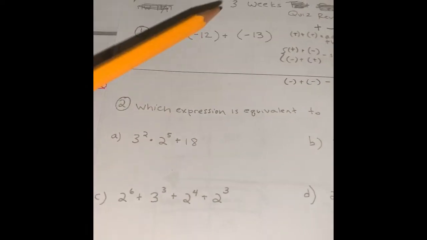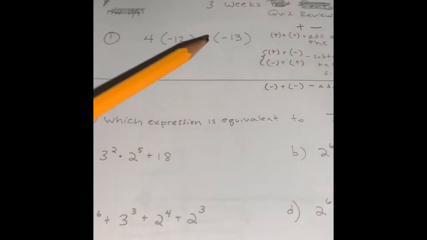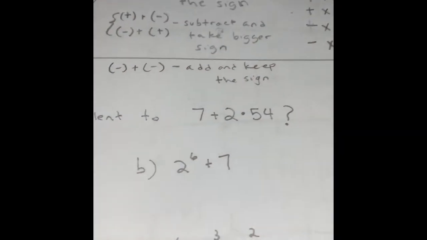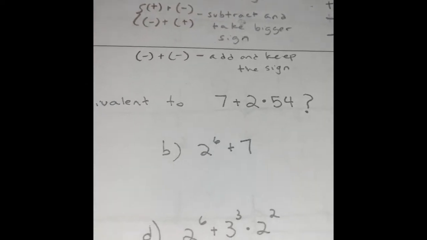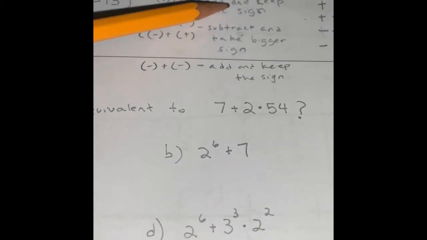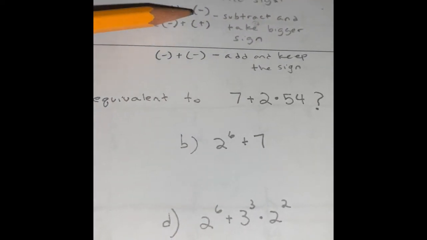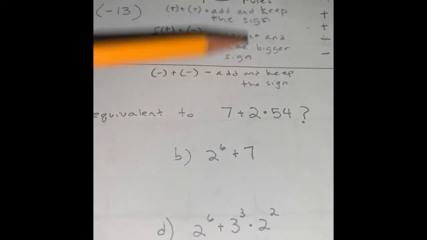So the first question is a simple integer question, but first, before we do that, we have to know the different rules. First we have addition and subtraction rules for adding integers. If we're adding a positive and a positive, we're going to add the numbers together and keep the sign. If we're adding a positive plus a negative, we're going to subtract them and take the bigger sign.